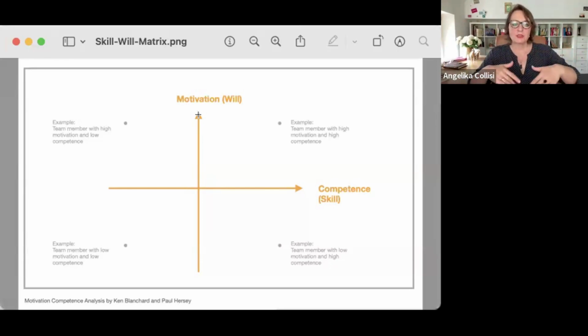And making sure that you're aware of where your team sits on this quadrant will help you make some choices in your approach to leading this team. So this is the skill-will matrix.